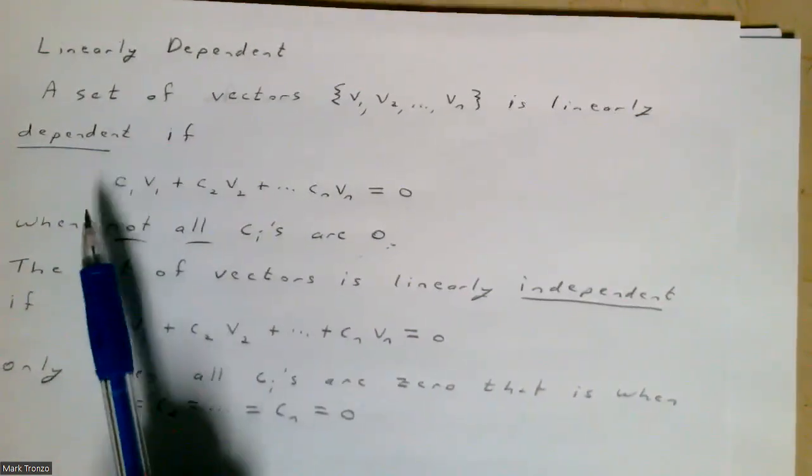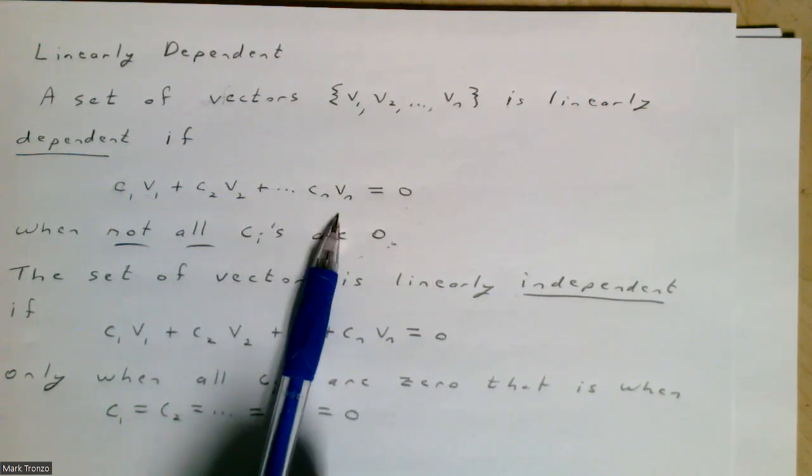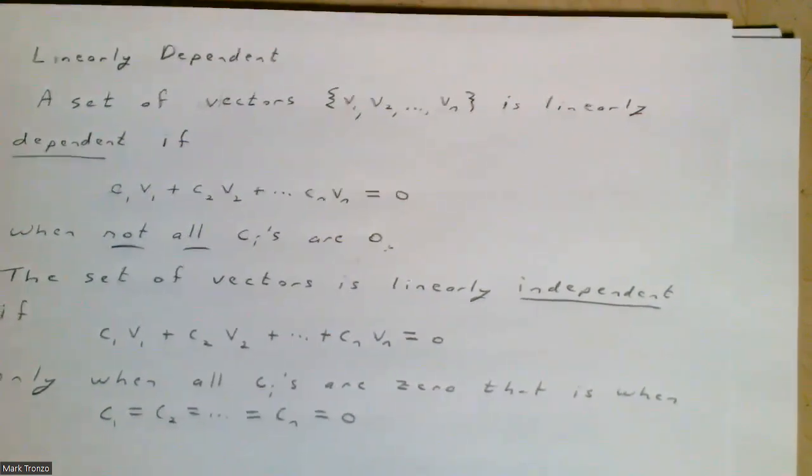Sometimes it's easy to determine if a set is linearly dependent. Again, sometimes you do have to go through a lot to find the constants that make this zero. But once in a while, it could be easy.